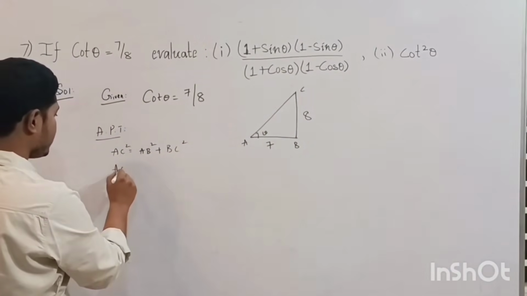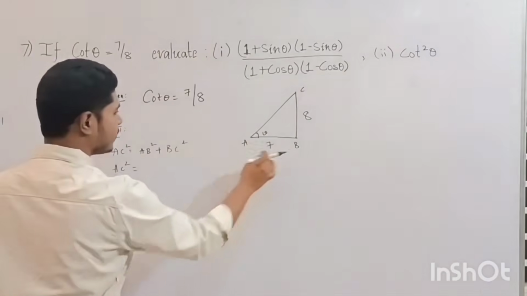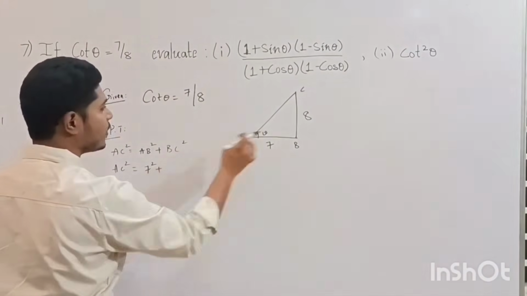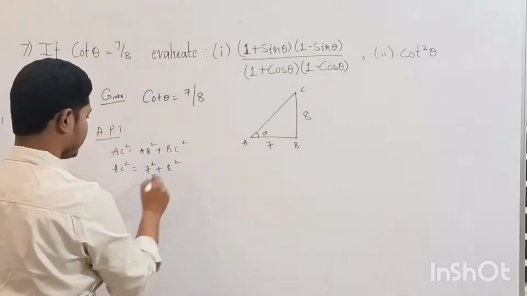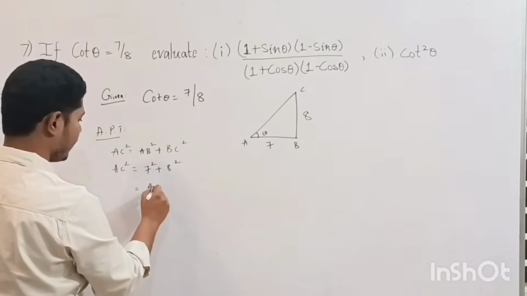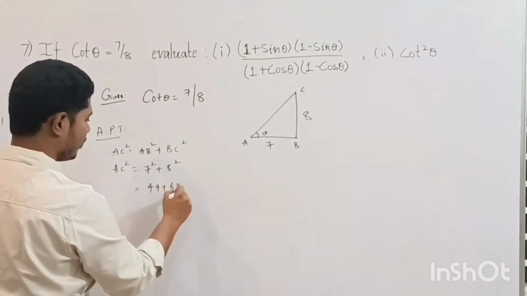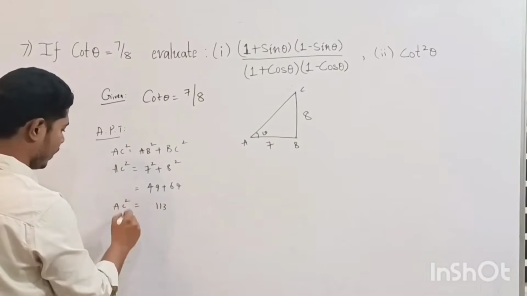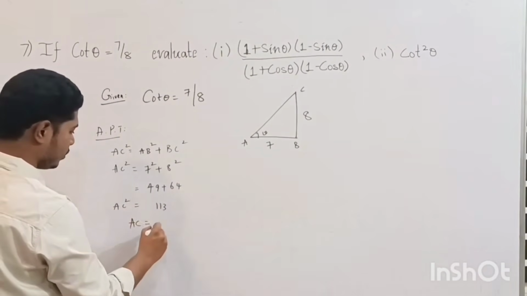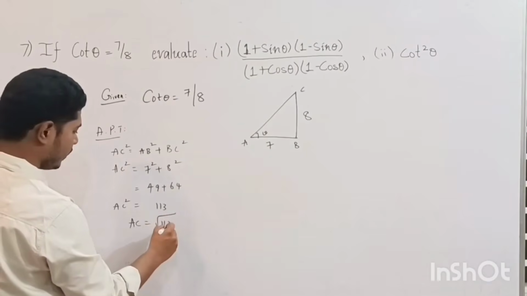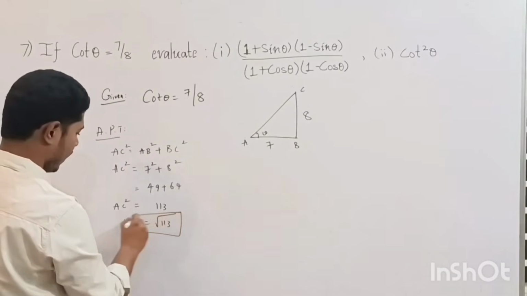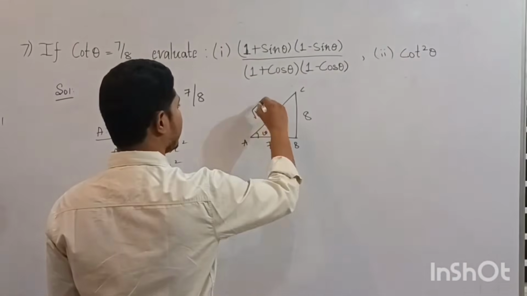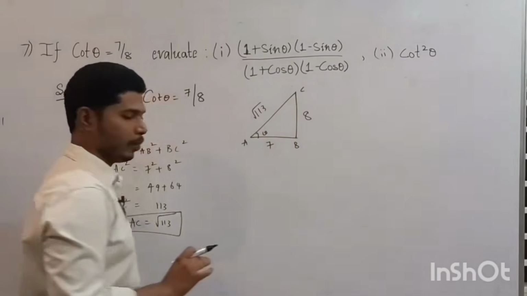Now, AC square is equal to AB square, that is 7 square, plus BC square, that is 8 square, which equals 49 plus 64, that is 113. That is AC square. Now AC is equal to root 113. I mention here 113. Root 113 is the required hypotenuse.